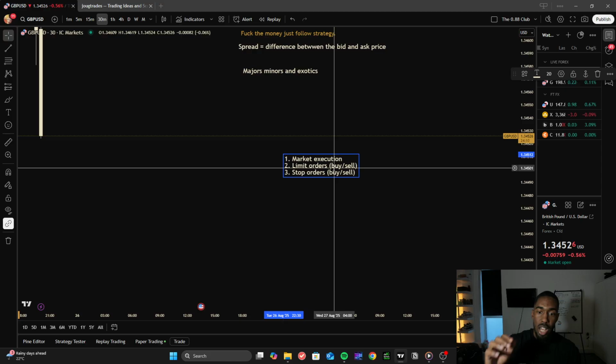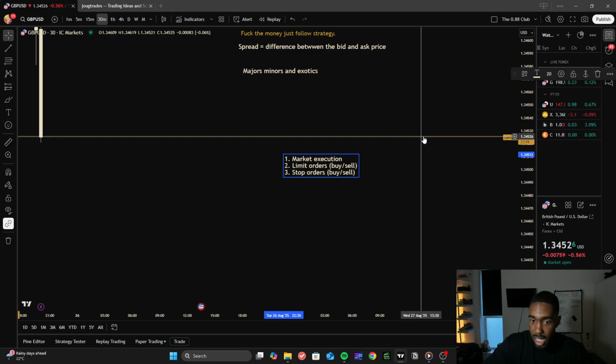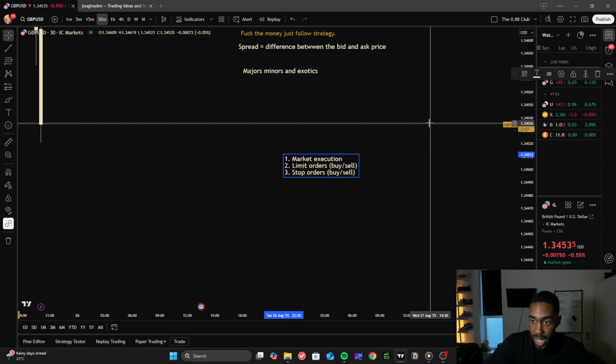Limit orders, you can have buy limit or sell limit. For a buy limit, say price is here, or we'll use the screen right now. Price is where the gold line is. If I place a limit order or buy limit, buy limits, they can only be placed below where price currently is.